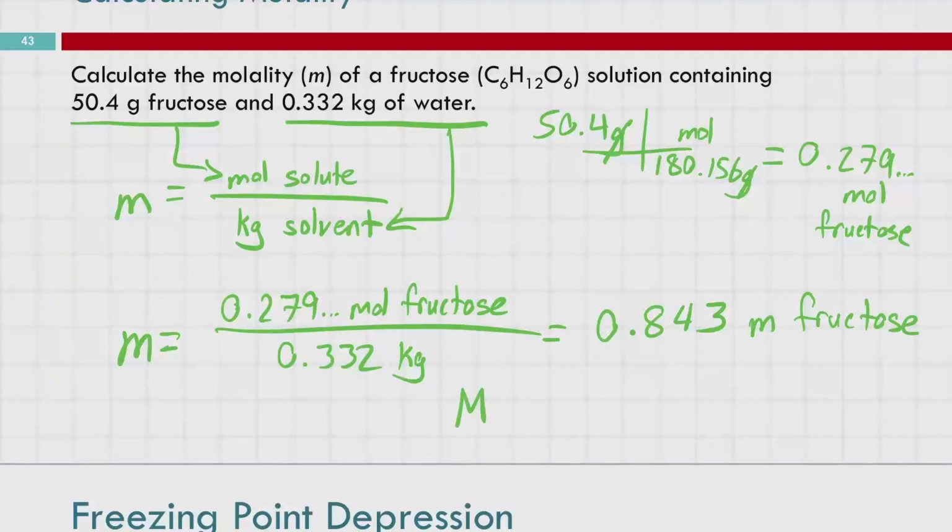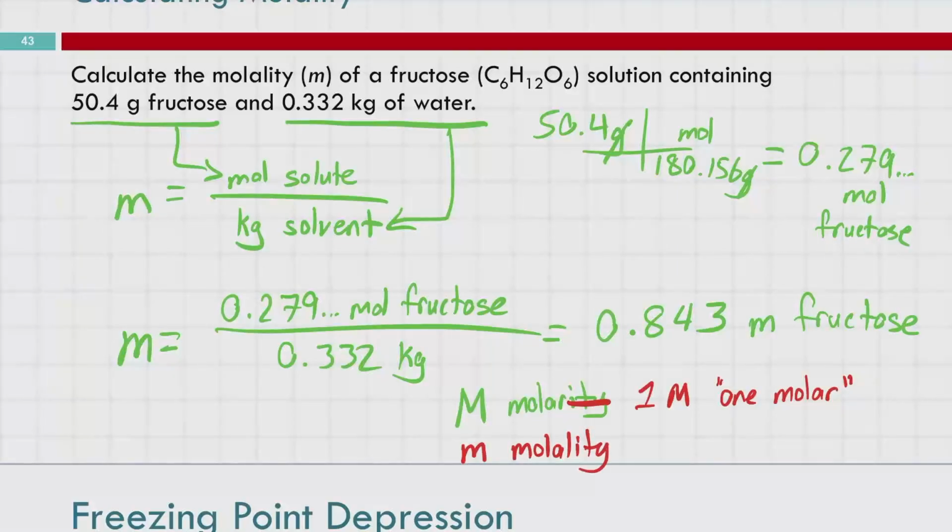Now, you may remember that for capital M, which is molarity, we just chop off the ITY. So for example, if we had 1 M, it would be a 1 molar solution. We do the same thing for molality. We chop off the ITY. So if we have 1 lowercase m, this would be 1 molal.